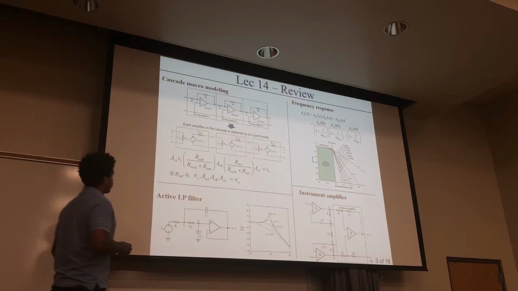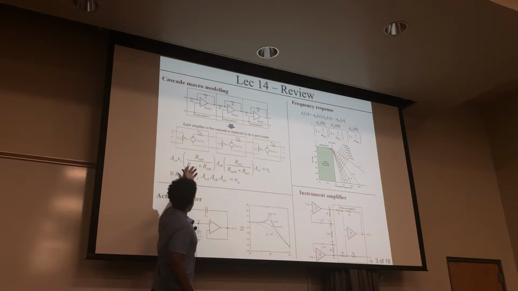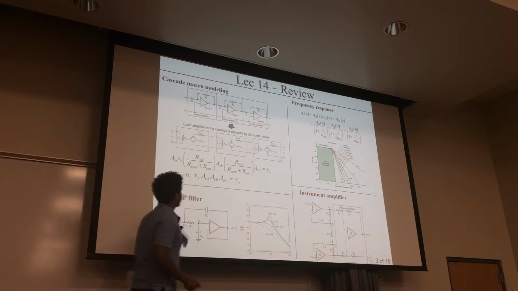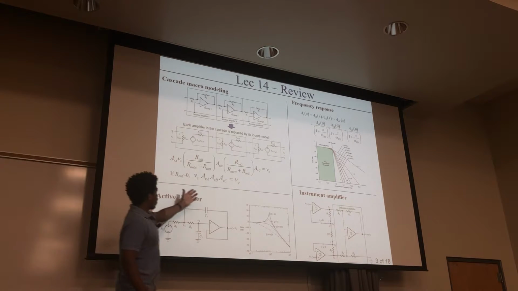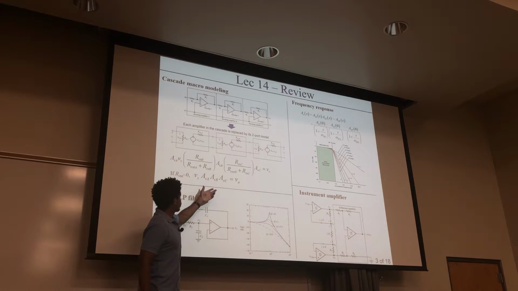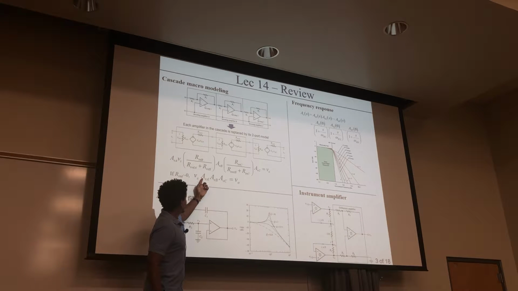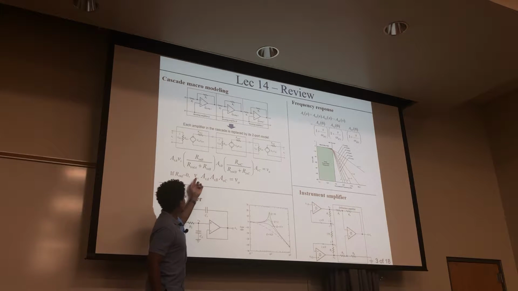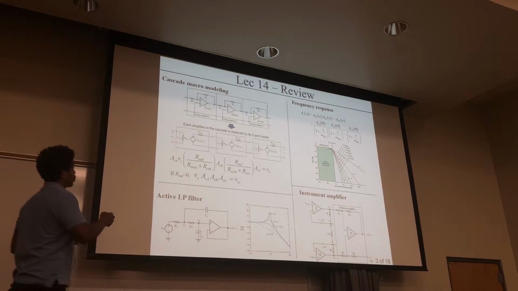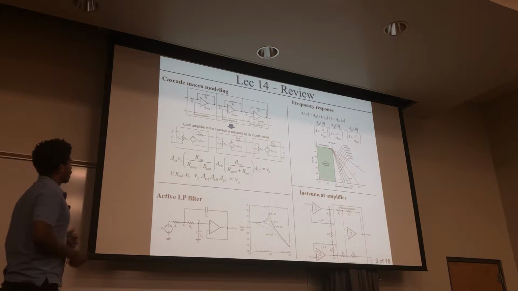But if we make the approximation that the output resistance, R out, is very small and negligible, then we can take this factor as being nearly 1. And so our output is just in terms of the gains of each of the amplifiers multiplied by your VS, which is where you're starting from.